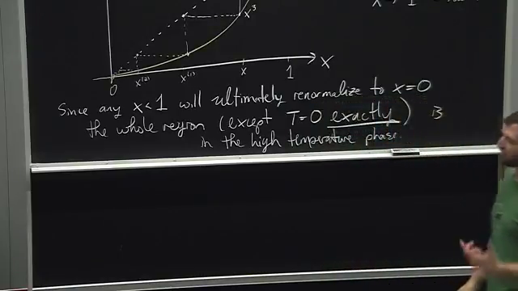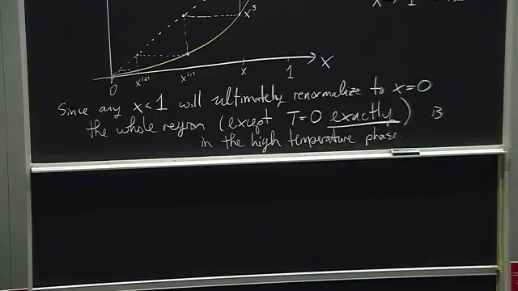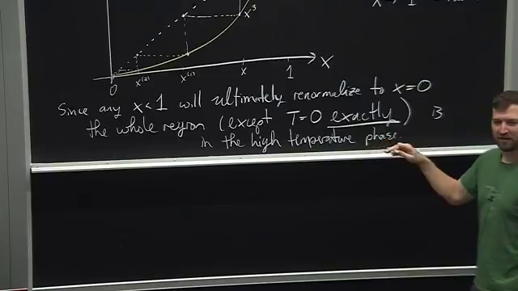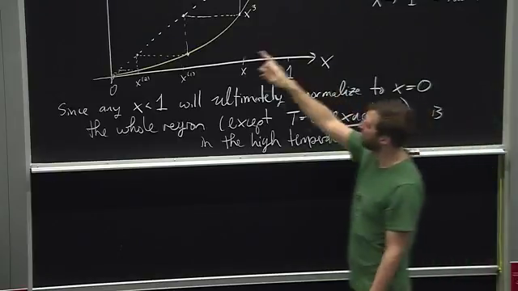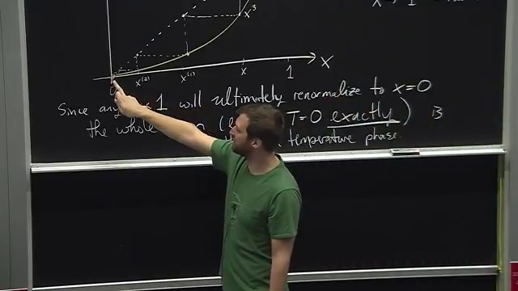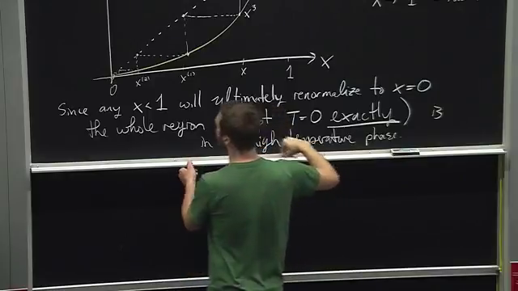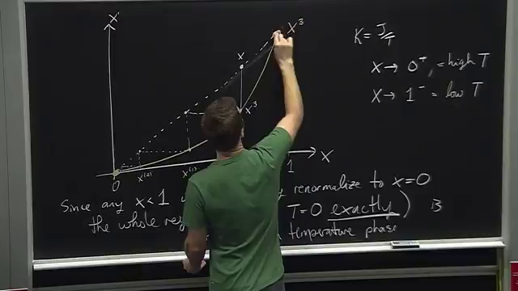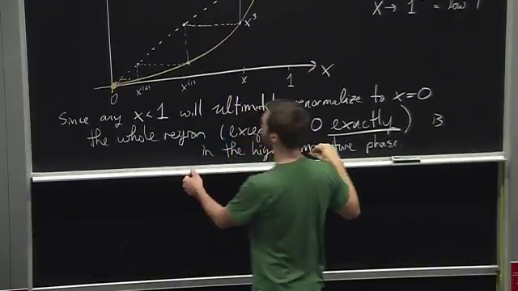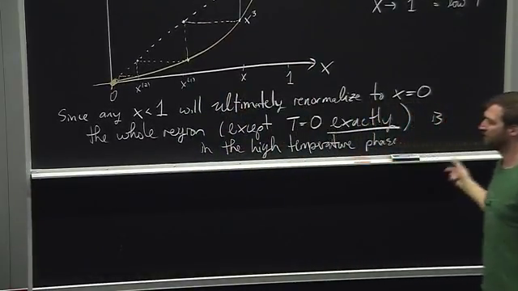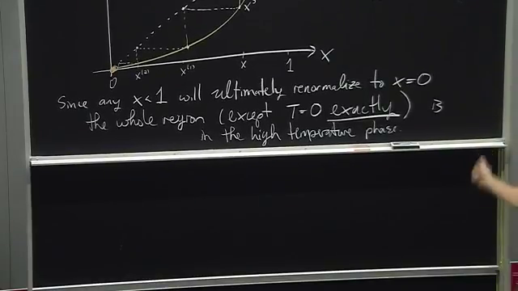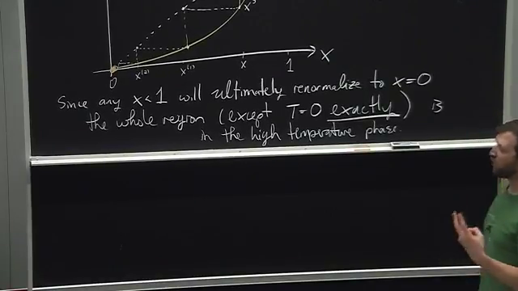So a way of understanding that physically is that for any temperature that isn't T equals 0 exactly, you're in the same phase as the phase described by this point here. Okay. So that's the interpretation of what the RG is telling you. So there's two fixed points.